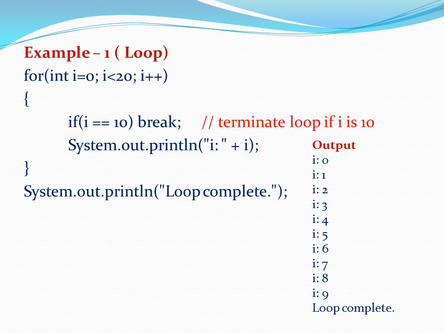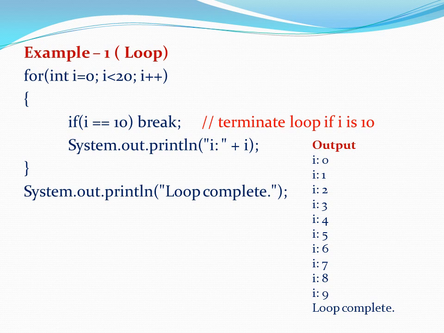I will take this example. Here we initialize the value of i as 0, and check the condition i less than 20. Inside that, if i equal to 10, we give the break statement. So if the i value is 10, it automatically exits the loop and displays the text loop complete.